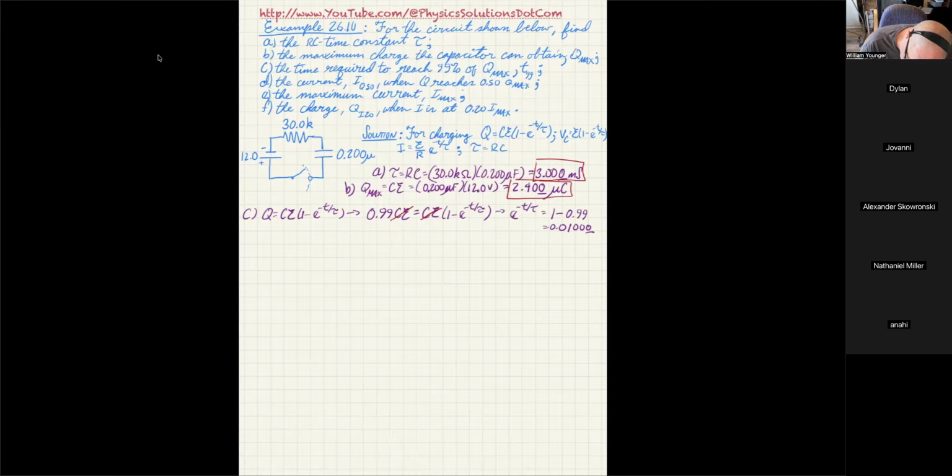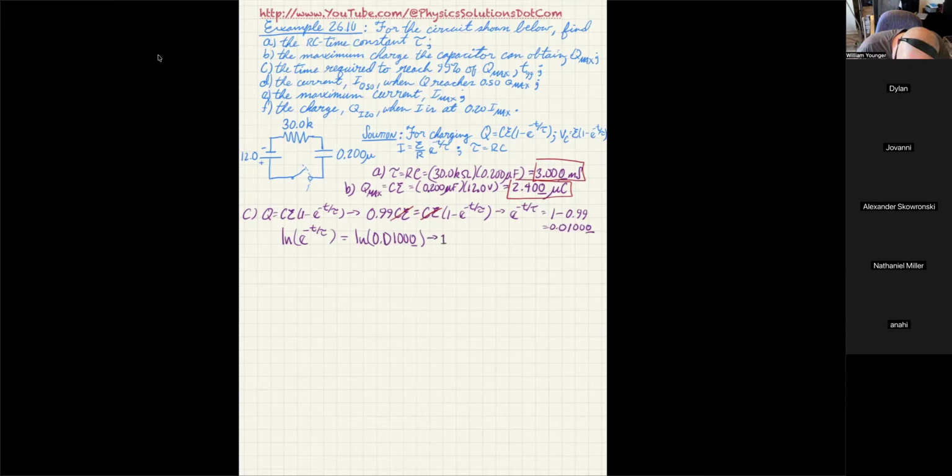And the way I do that is I take the natural log of both sides. So I take the natural log of e to the negative t over tau, and I also take the natural log of 0.01000. Whenever you take the logarithm of something raised to a power, the power just comes out in front of the logarithm, and you're left with the ln of e, and the ln of e is just 1.